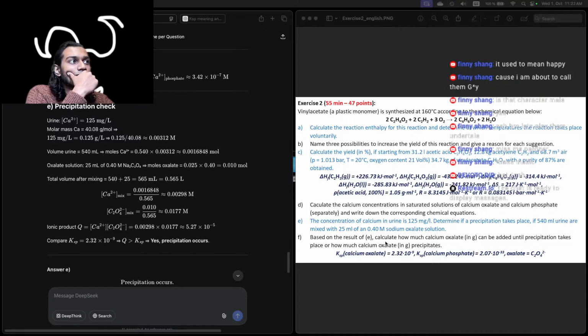Based on the result, calculate how much calcium oxalate can be added until precipitation takes place and how much calcium oxalate precipitates.